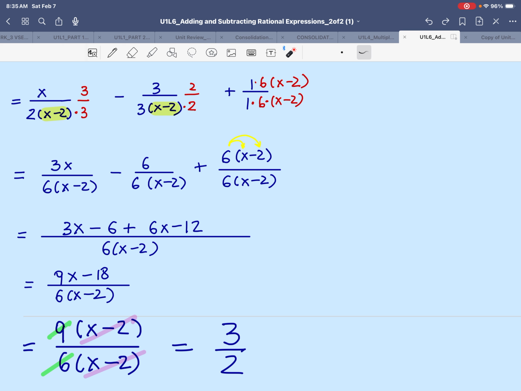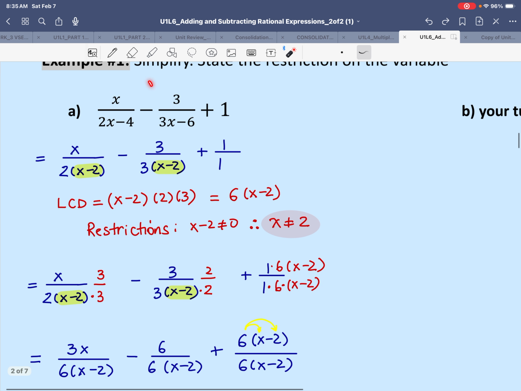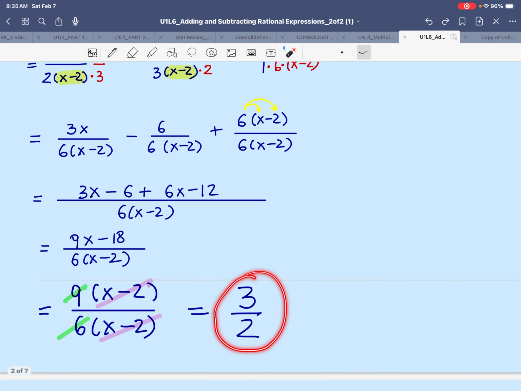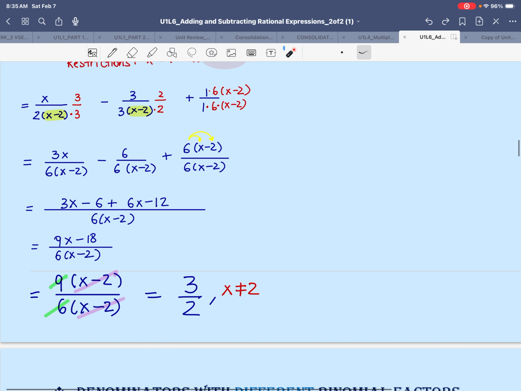This would be the most simplified form of the given expression. And don't forget that once you simplify, beside it, separated by a comma, we have to state the restrictions. As you can see here, some of the restrictions will disappear, and in this case, the only restriction we had disappears, but we need to make sure that we write this in our final statement.